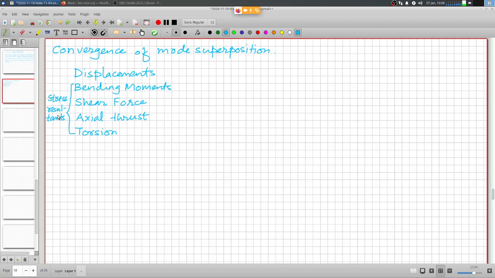Now why do I bring this? Displacements, obviously, they refer to serviceability, and these are all the collapse limit states.